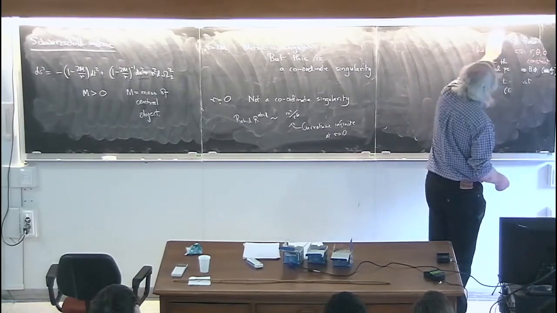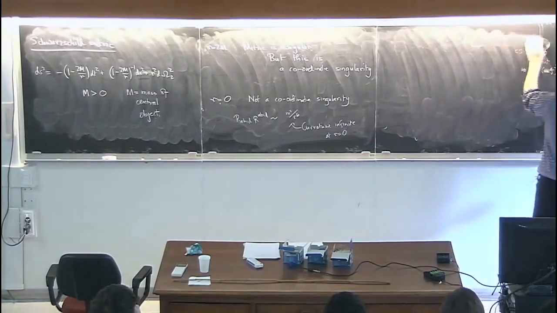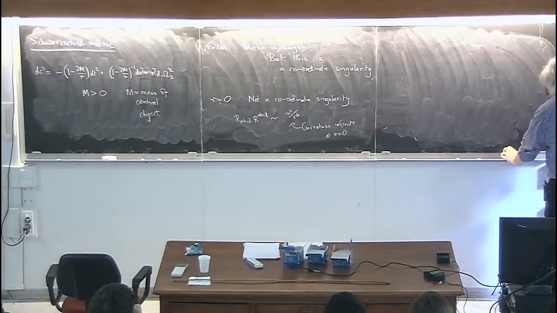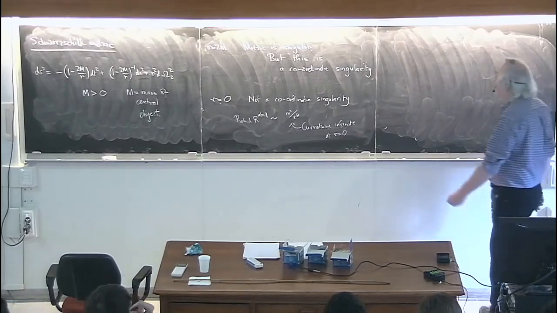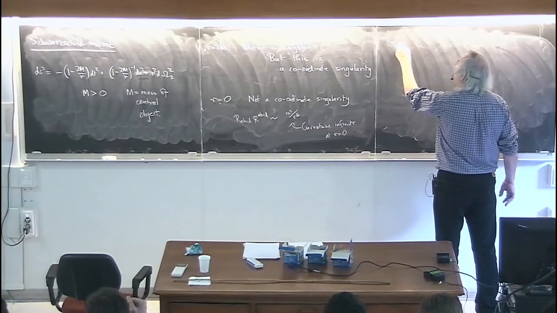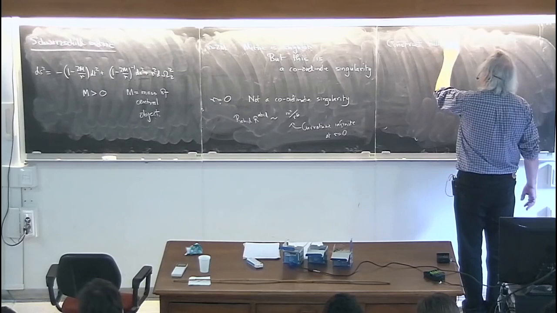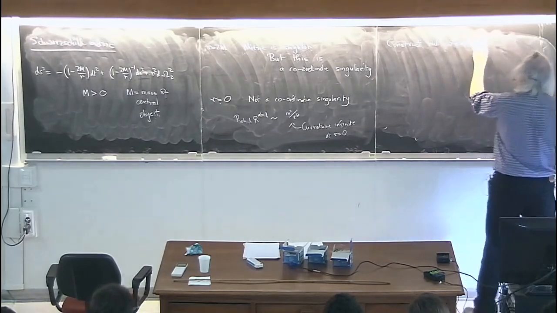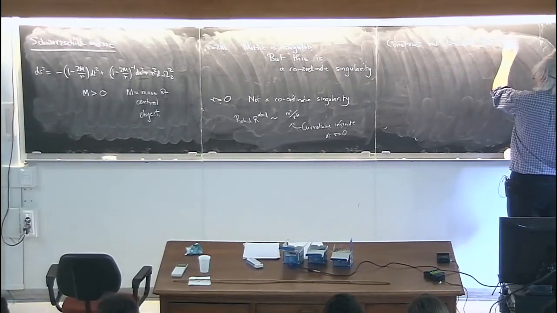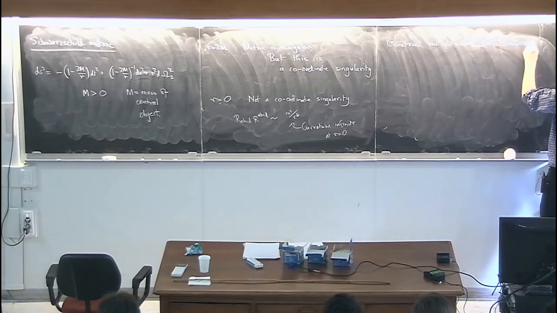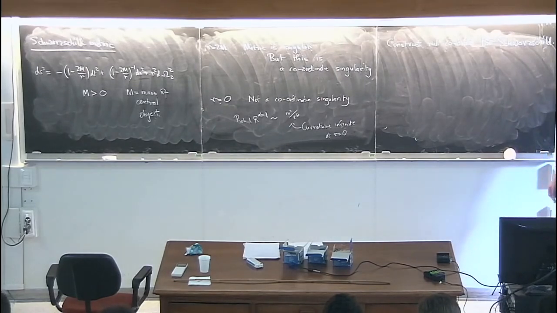We're going to be interested in considering the causal structure of the Schwarzschild metric, and as such, life would be easier if we constructed null coordinates for it. This is kind of easy because we can exploit the spherical symmetry of the space-time.